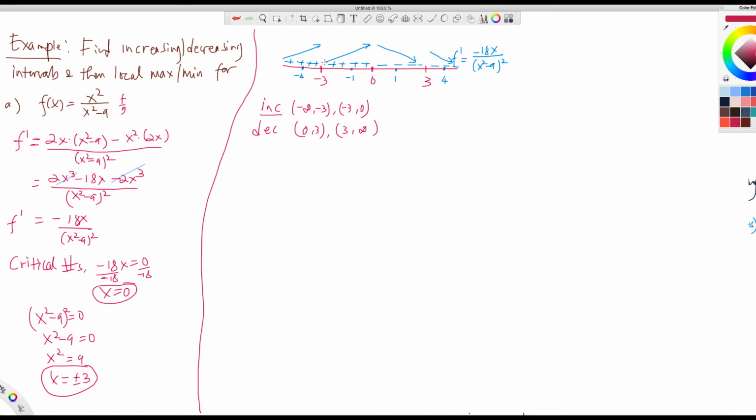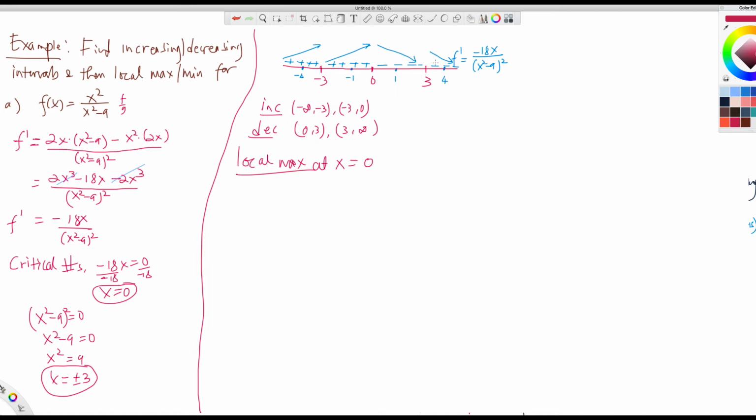You see there is a combination of positive and negative, increasing and decreasing. It is like that, right? So local max at x equals to 0. You see that? Local max at x equals to 0. And is there a local min? No, because for a local min you need a decreasing and then increasing pattern, but there is no decreasing and increasing pattern together.